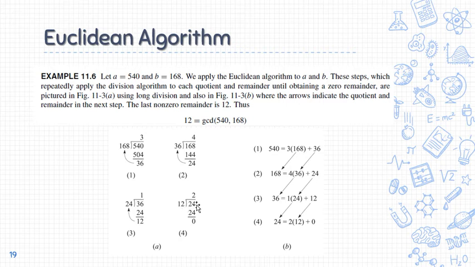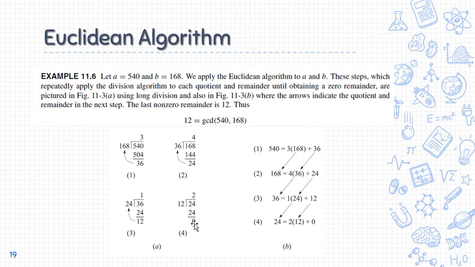Now, nahitabo ani is that, wala na siya'y remainder. So, again, ang Euclidean algorithm, muhunong ra siya if wala na siya makita nga remainder. As you can see, wala na may remainder, so nihunong na siya sa step 4.